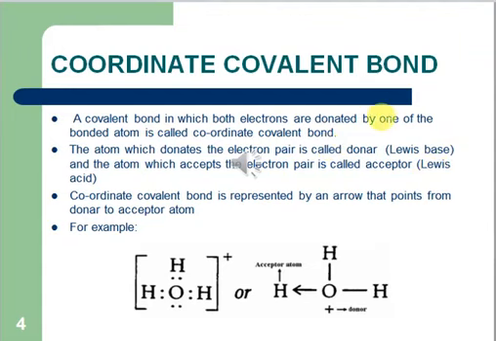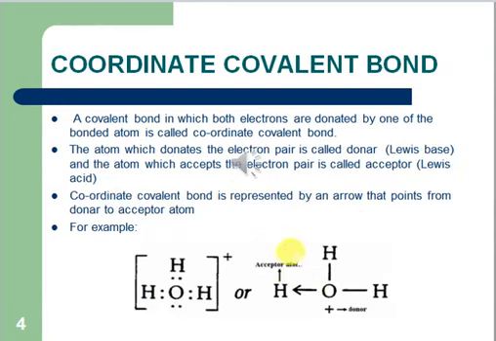And the coordinate covalent bond is represented by an arrow that points from the donor to the acceptor.